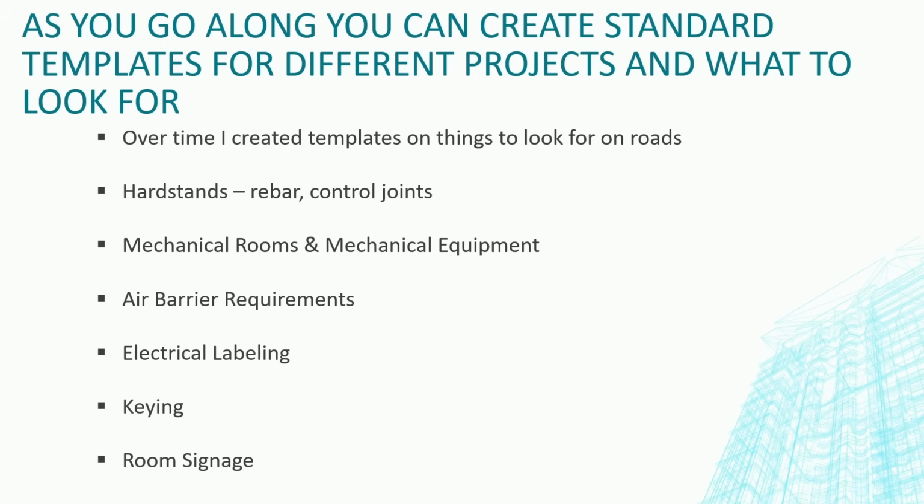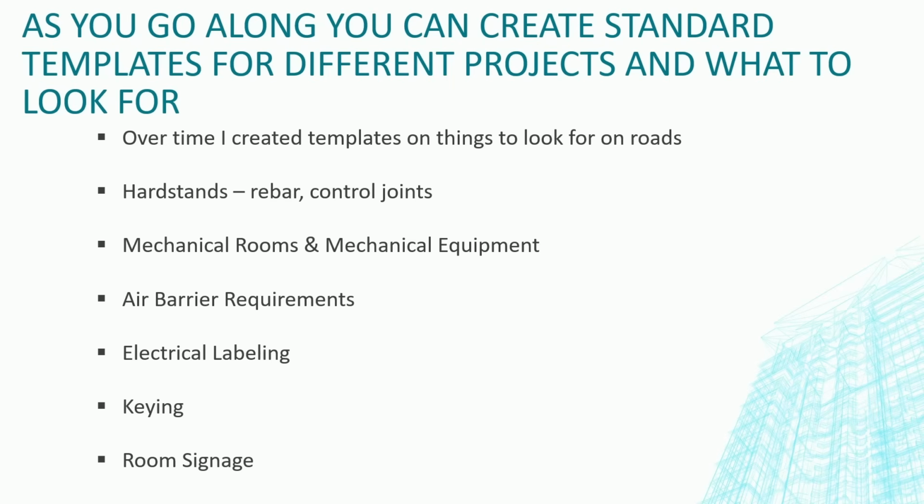You're going to know what to look for with specific design teams. Some design teams may be super strong on MEP and they may not be strong on all the other finishes and details. So you're going to feel that out and you're going to know over time. Over time, I created templates to look for on roads.